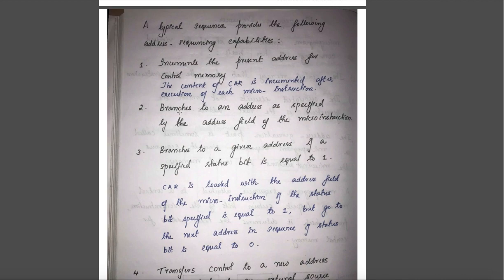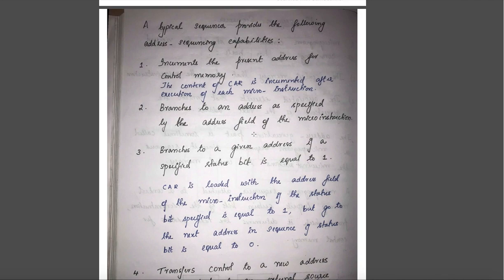Then the next capability it should have is to branch to an address as specified by the address field of the micro instruction. Certain microprograms might have subroutines. If you want to move to that subroutine, then the address sequencing capability should be there to branch to an address as specified by the address field of the micro instruction.